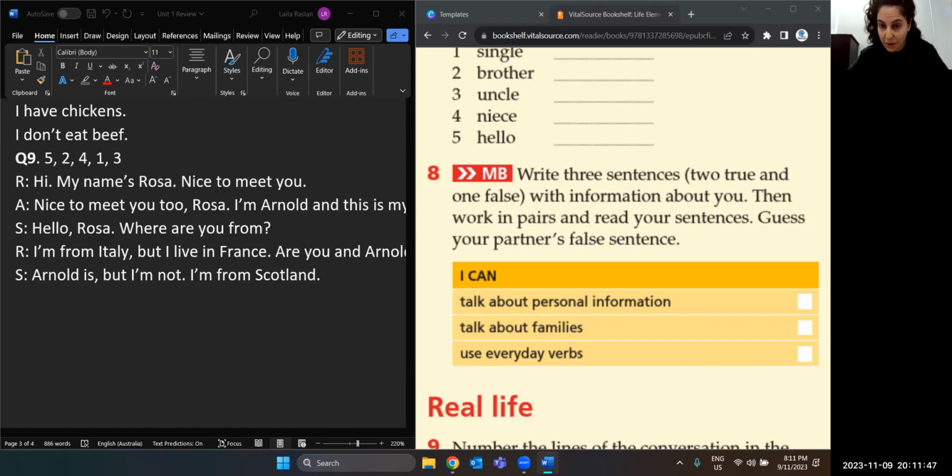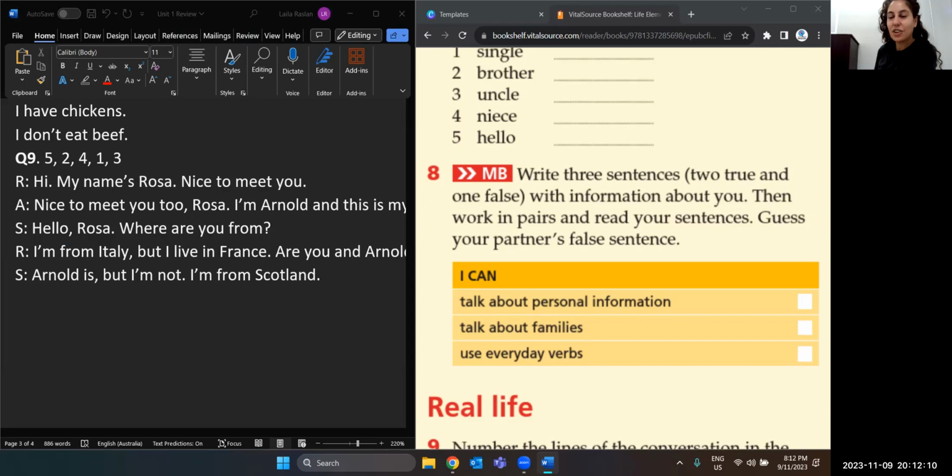I like to ride a bike and I don't like walking. Which one do we think for Jessica is false? I reckon the last one. I think she likes to walk.